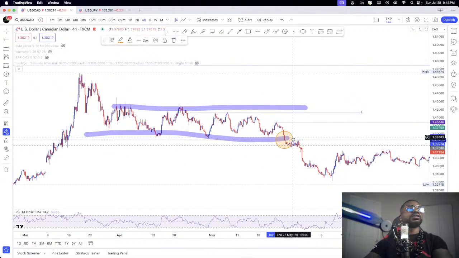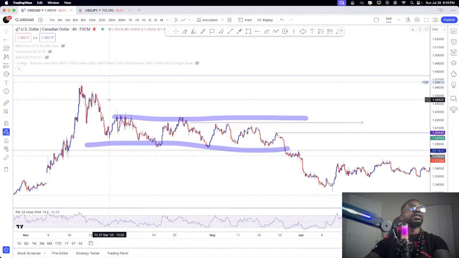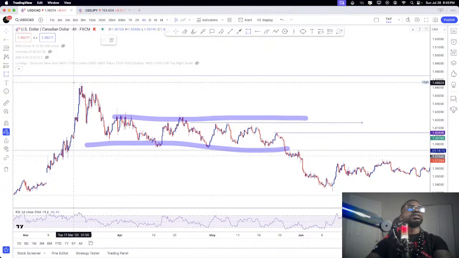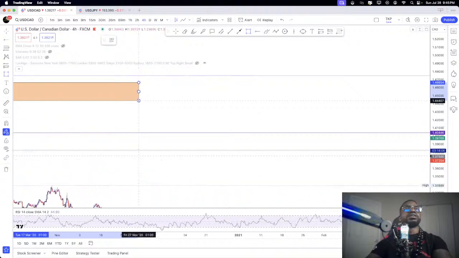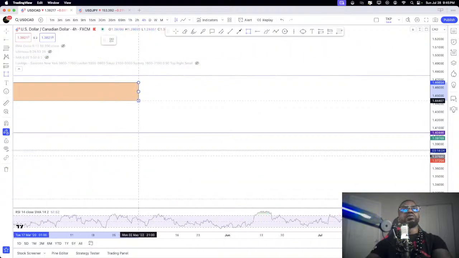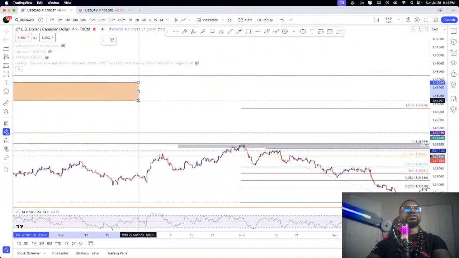Now, here, look at all of that. That's beautiful. These highs are going to be tested. I honestly don't see anything stopping USD CAD when it makes this move.